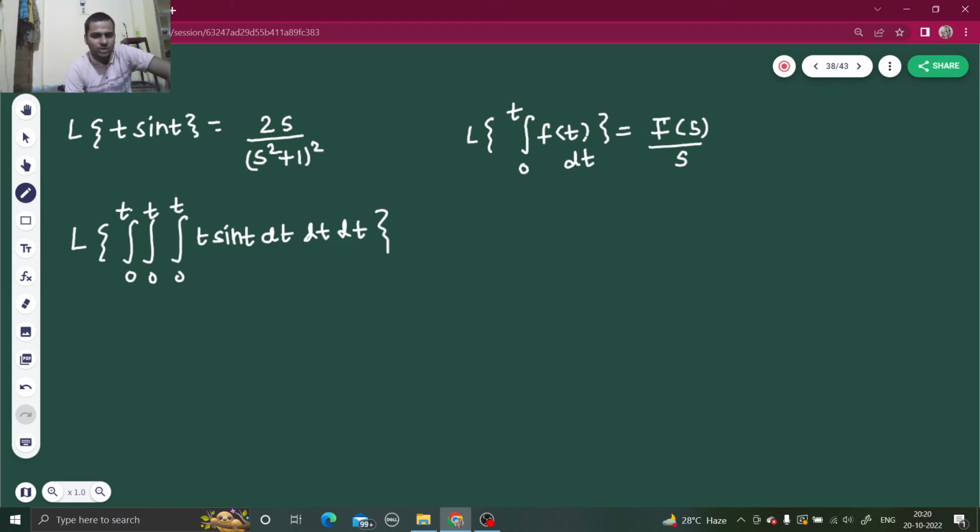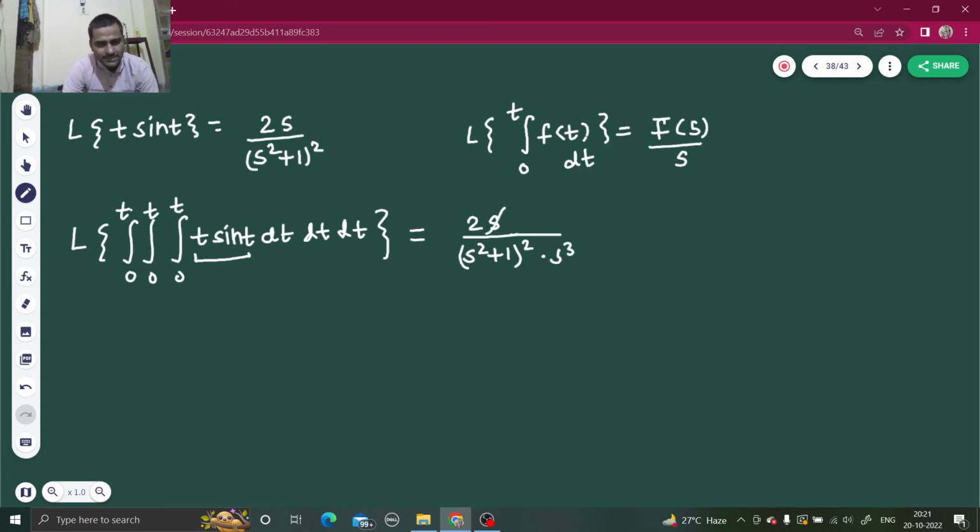As I told you, if you are integrating it thrice, divide by 3 powers of s. So whatever we got for the Laplace transform of t sine t, which is 2s divided by s square plus 1 whole square, divide this by s cube. Look how simple the integral was. We just have to divide by s cube.